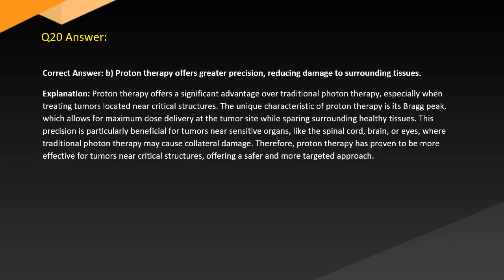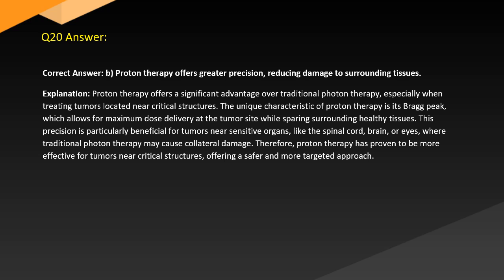Answer. Correct answer: B. Proton therapy offers greater precision, reducing damage to surrounding tissues. Explanation: proton therapy offers a significant advantage over traditional photon therapy, especially when treating tumors located near critical structures. The unique characteristic of proton therapy is its Bragg peak, which allows for maximum dose delivery at the tumor site while sparing surrounding healthy tissues.